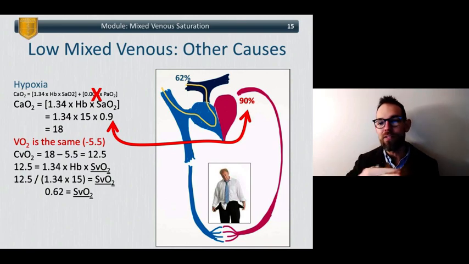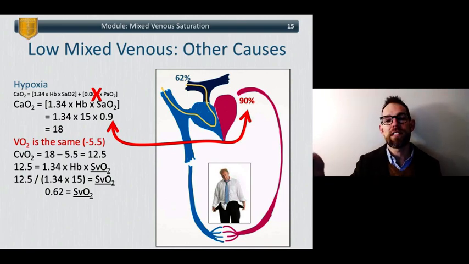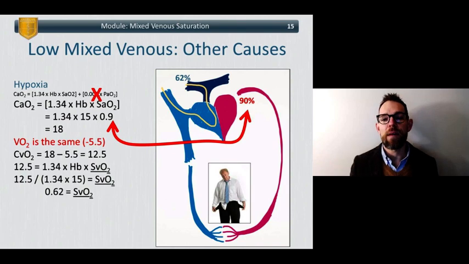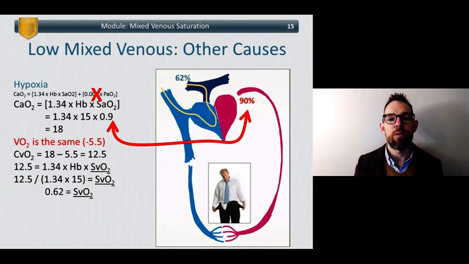There's no contribution whatsoever from the second part of the arterial content of oxygen equation. So really all we're focused on is the first part, which is 1.34 times hemoglobin times saturation. So 1.34 times 15 times 0.9 is actually 18. Okay, so we have now gone down in number from 20.